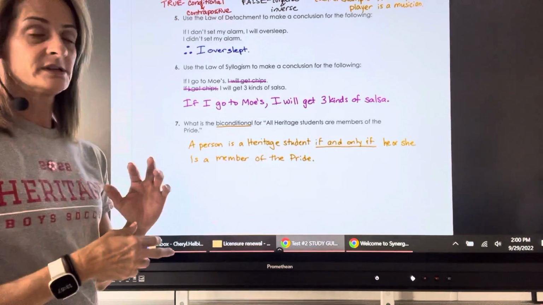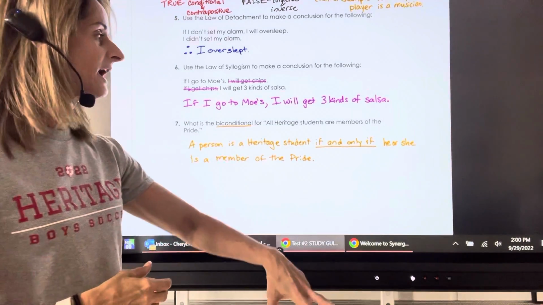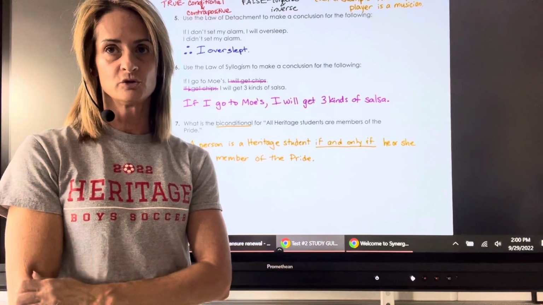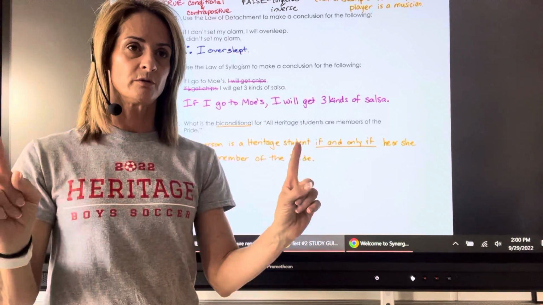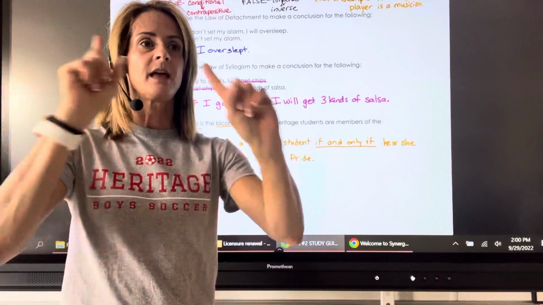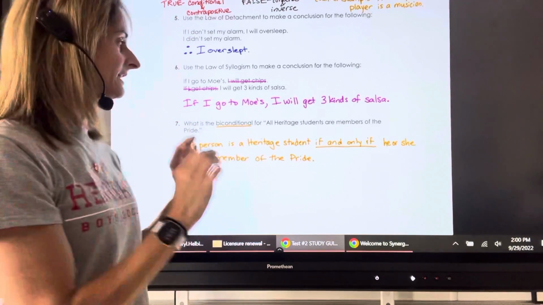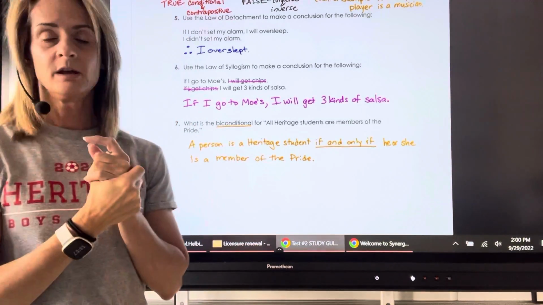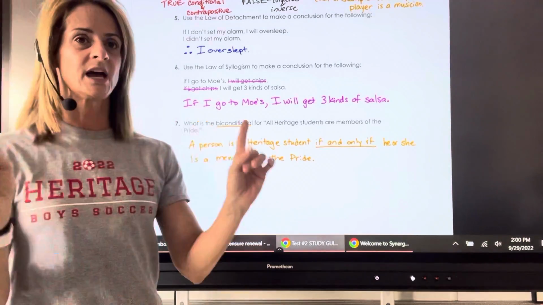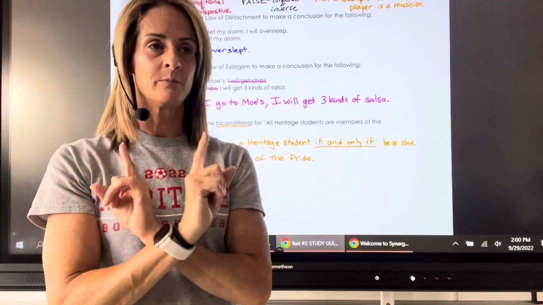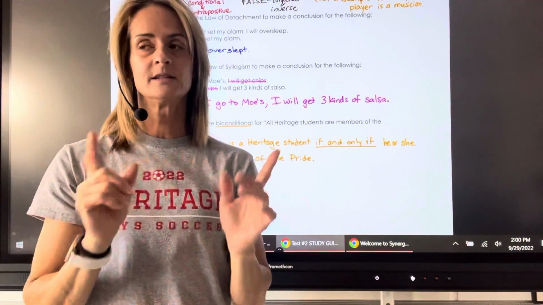The converse is, if you are a member of the pride, then you're a heritage student. That's also true. Since they're both true, the original statement and the switch, the converse, then you can write the biconditional. Basically, you can write them together. By writing it this way, it says whichever direction you write the hypothesis and the conclusion, first or last, it's a true statement.